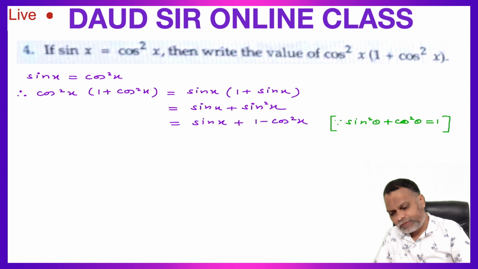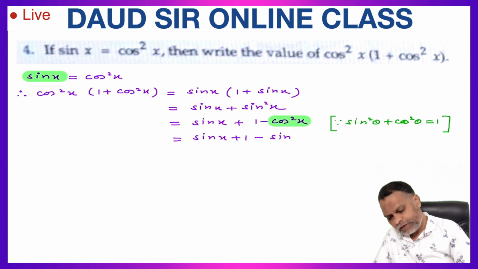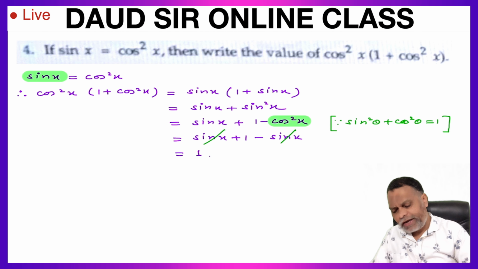Again replace this cos square x by sine x. So which is equal to this sine x plus 1 minus sine x. Negative sine x and positive sine x get cancelled, and here we have got 1. So value of cos square x into 1 plus cos square x is 1 only.